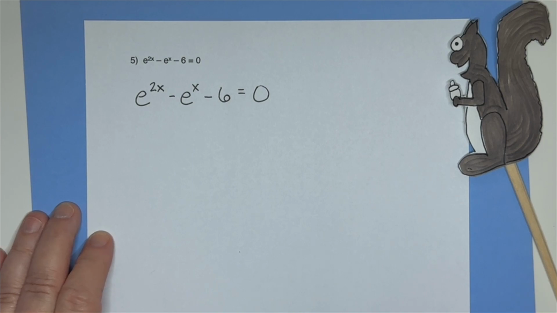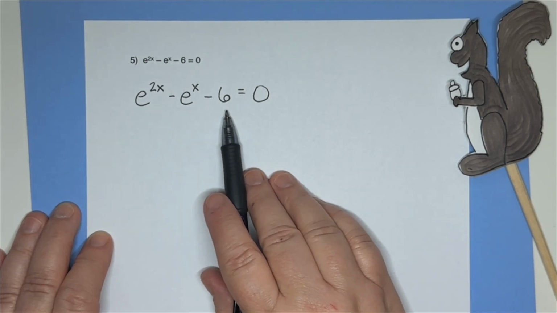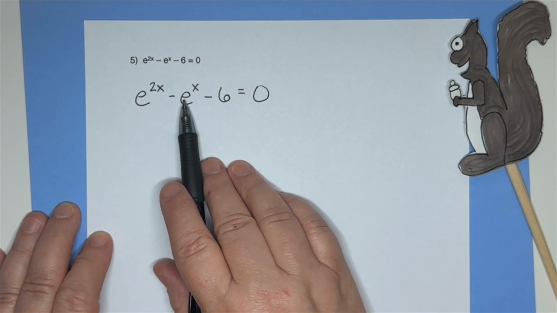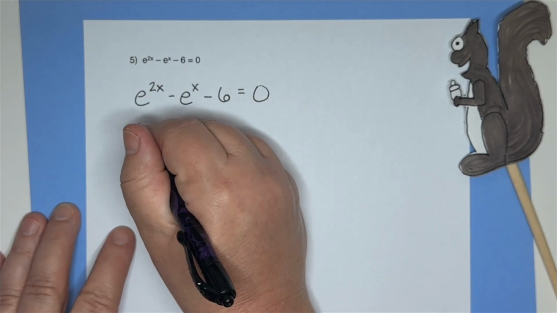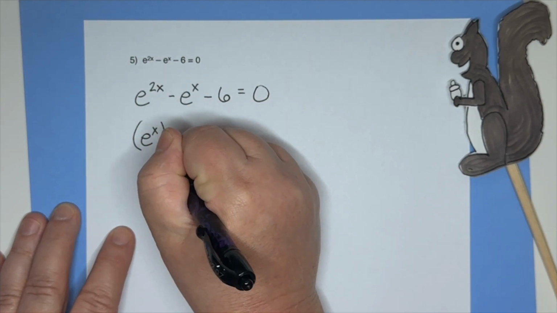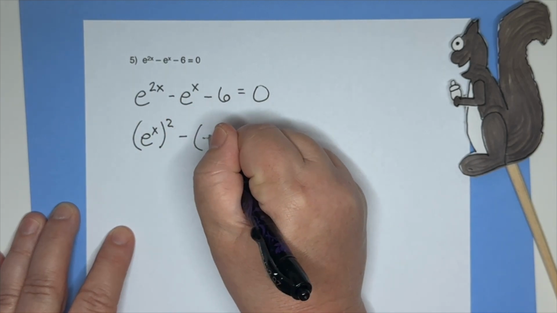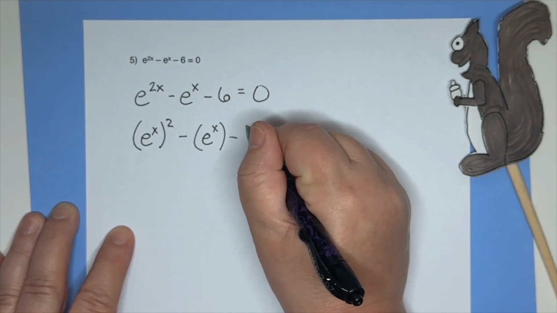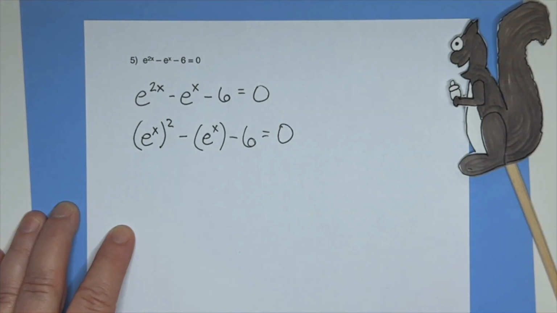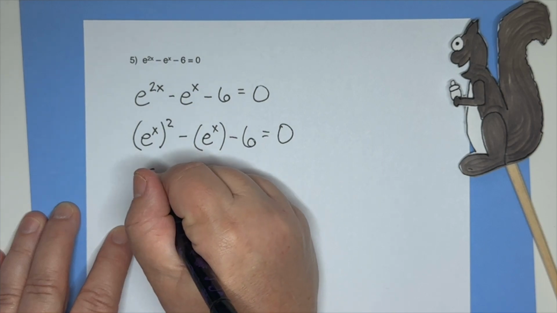Because in fact, you see the 3 terms, and this one's e to the x, and this one's e to the 2x. This is e to the x squared minus e to the x minus 6 equals 0. That's quadratic form, right?